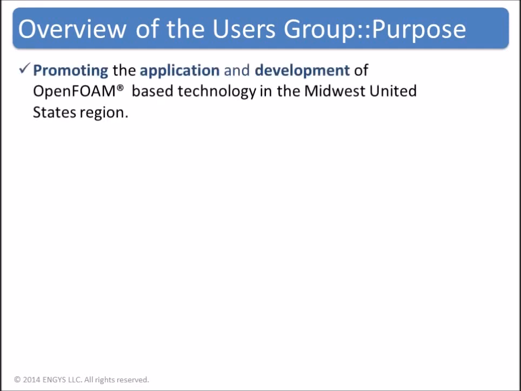The purpose of a users group in general, and the purpose of this users group, first and foremost, is to promote the application and development of OpenFOAM-based technology. Geographically, there are different users group meetings in the US and around the world, so this one is for the Midwest.